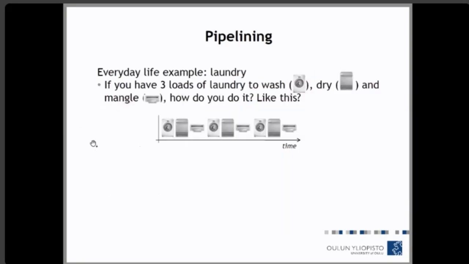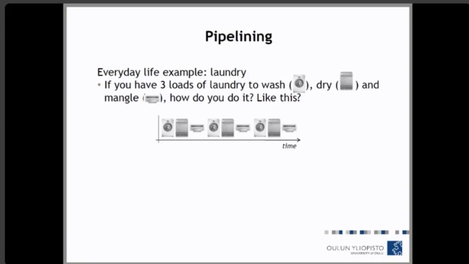If you imagine this case where you would like to have your clothes being washed, then dried, and then mangled, you can do this: the first person puts his or her clothes in the washing machine, then takes it and puts it in the dryer, and then dries it, and then mangles it, and then exits the laundry room.